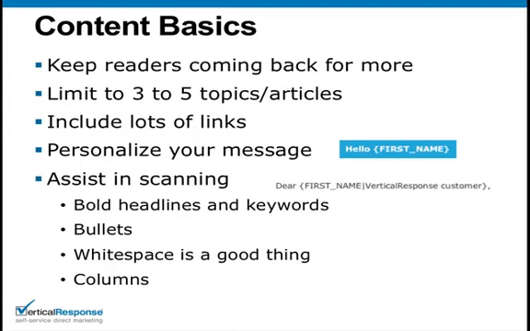You know, if you're a bakery, you probably want to keep it to food-related type things, or things that people interested in a bakery would be interested in. Try to keep it to around 3 to 5 topics or articles in your newsletter. Unlike a regular newspaper, people don't have time and don't have the patience to constantly scroll through pages and pages of articles and things like that.